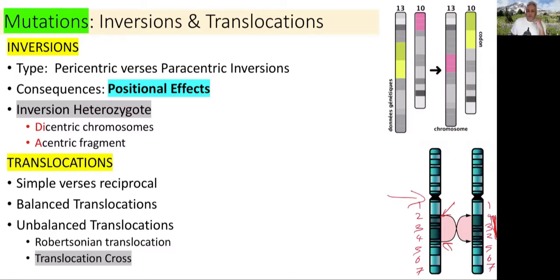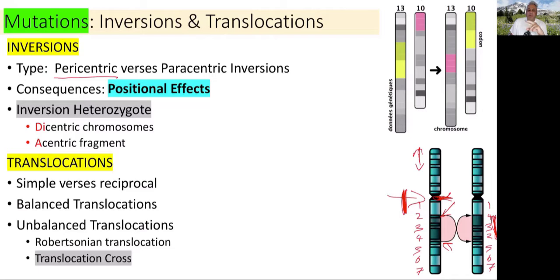Now, if the inversion occurs at the end of the chromosome, for instance, this part was inverted, then we call that a pericentric inversion, because it doesn't involve the centromere. In a paracentric inversion, that would include this region here, and that would have to include the centromere.